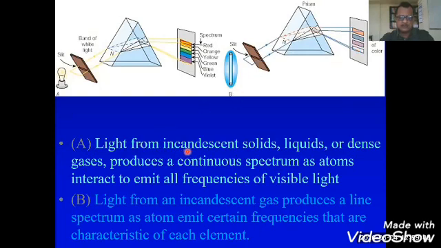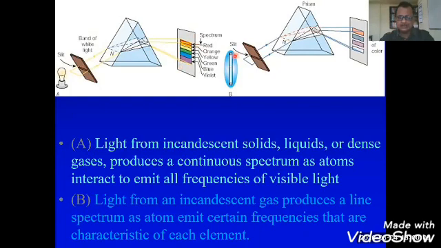So light from incandescent solids, liquids or dense gases produces a continuous spectrum as atoms interact to emit all frequencies of visible light. So the atoms constituting this type of solid, which emits light when heated, emit all different types of electromagnetic radiation, and consequently you get a continuous spectrum.